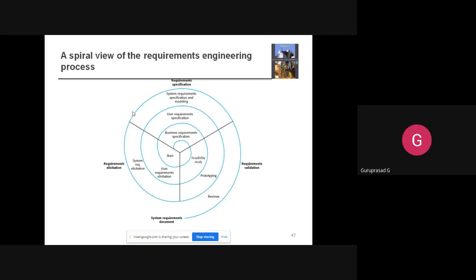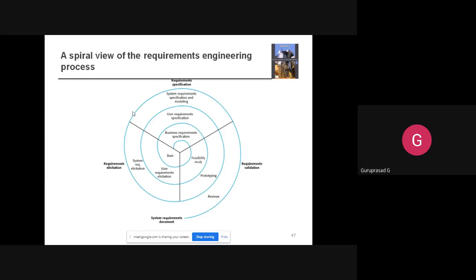You see here the first part: the requirements elicitation and analysis. We have the requirements discovery. Next, we have the different types of requirements elicitation techniques.